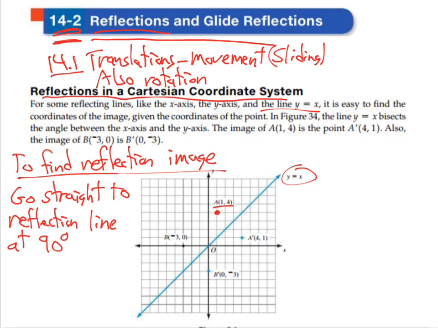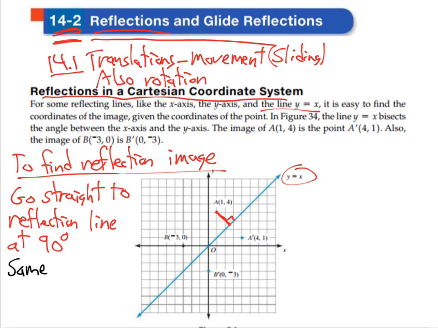That's what it means to move straight, right? In other words, this dot, I'm not going to move towards the line that way or that way. Those don't make a 90-degree angle. I'm going to move straight at it this way. See, that makes a 90-degree angle. So reflection images always go straight at the reflection line, at 90 degrees.